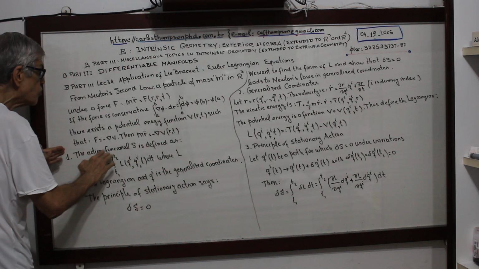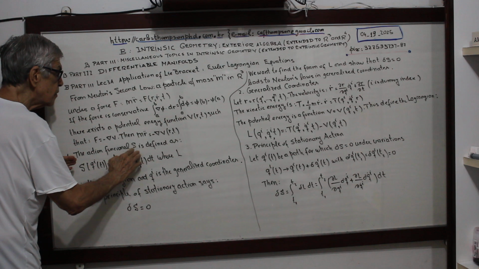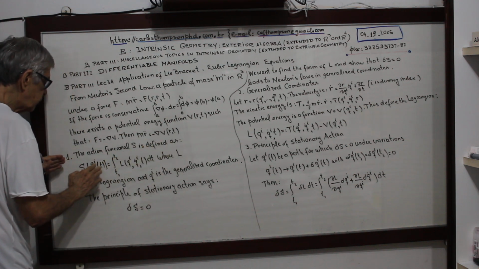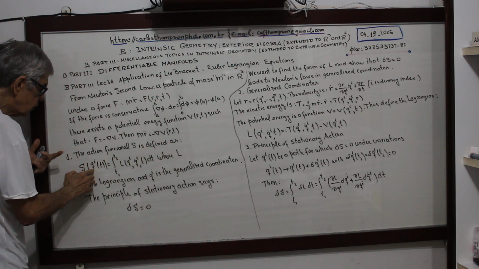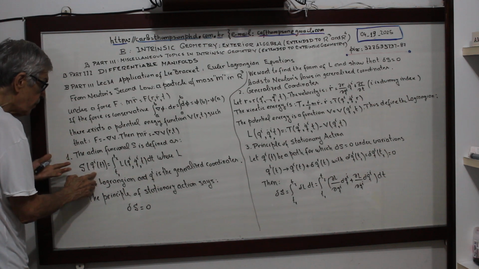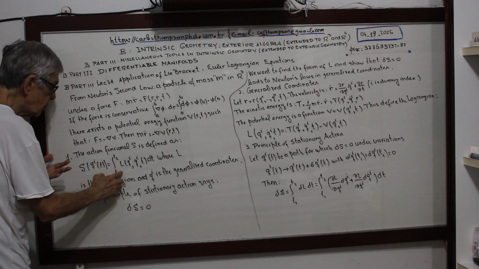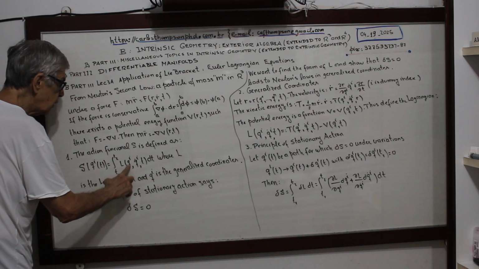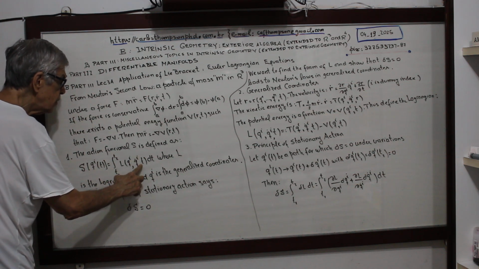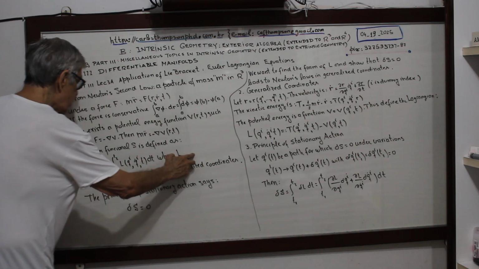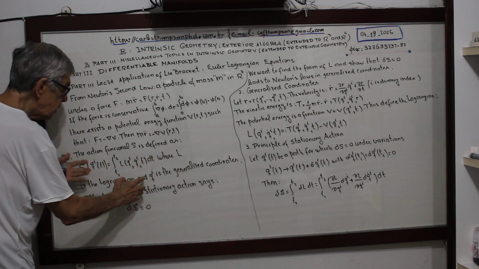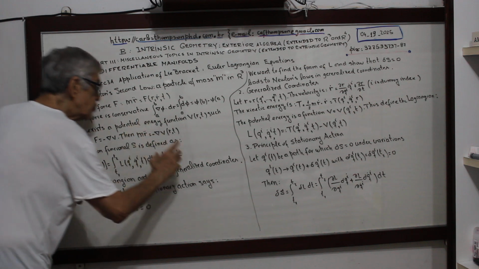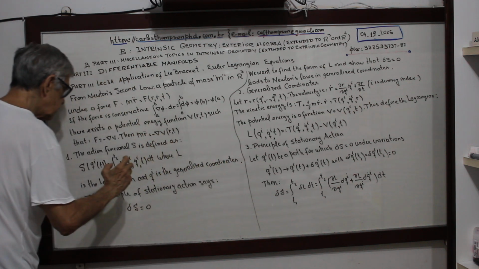The action functional S is defined as, S depends on the path, okay? It is the integral from T1 to T2 of L, this is the Lagrangian, of Qi, the velocity and time, where L is the Lagrangian and Qi is the generalized coordinates.